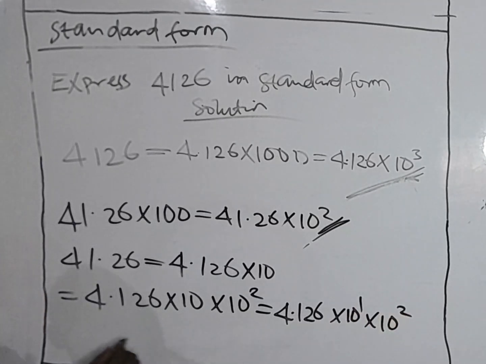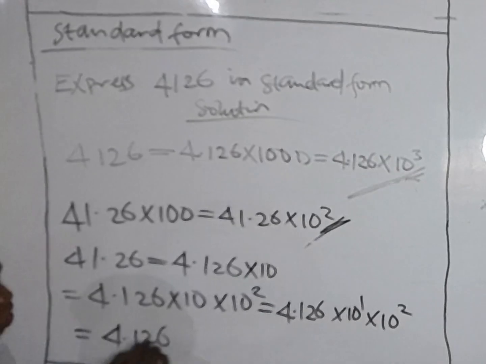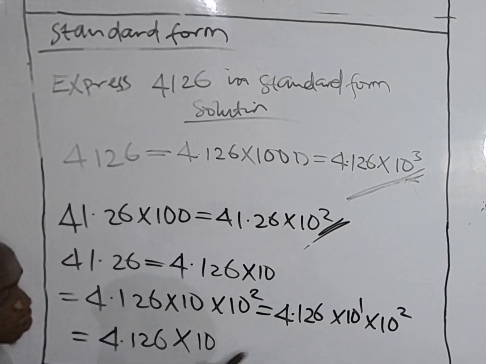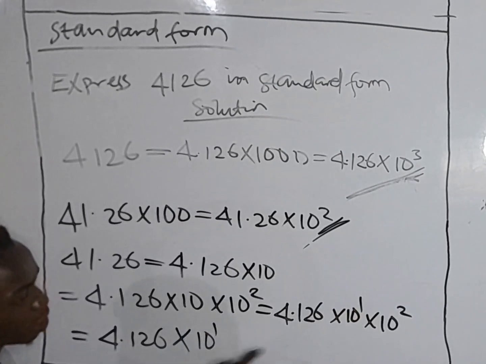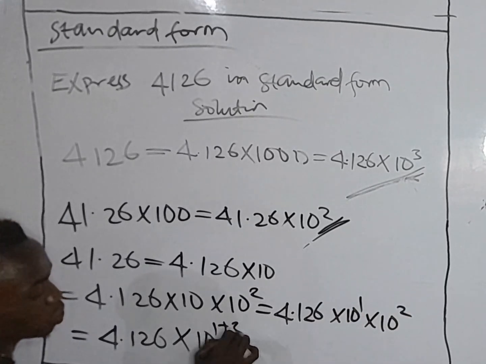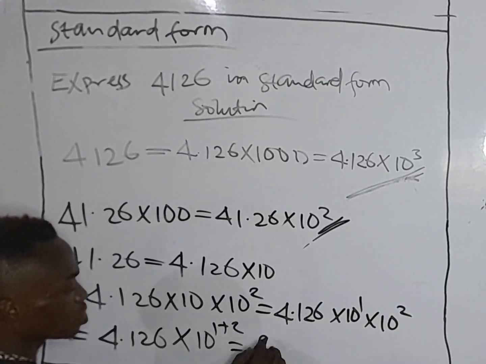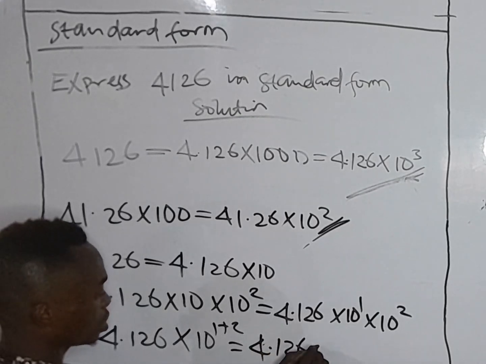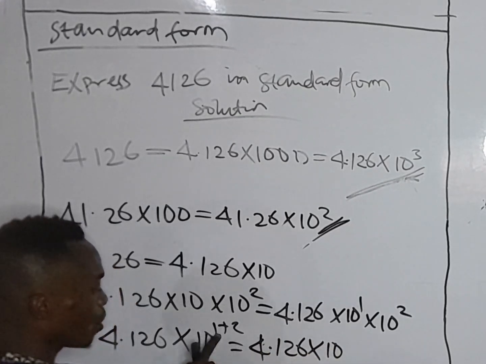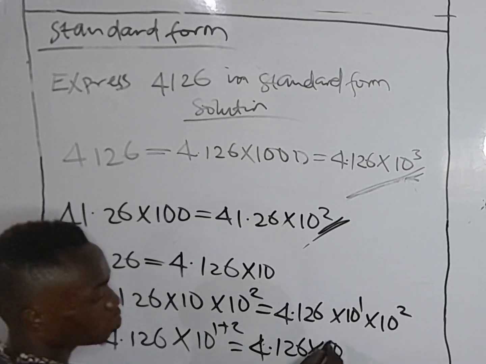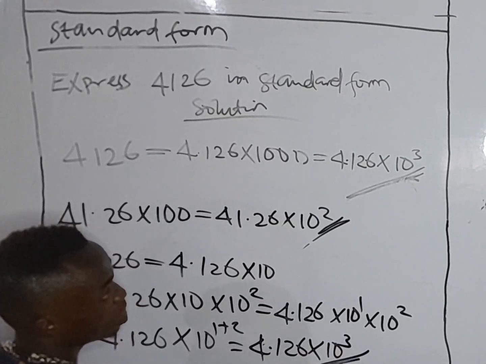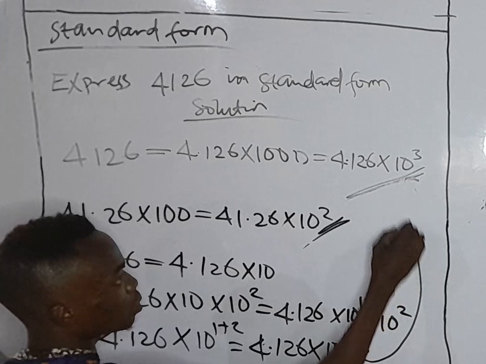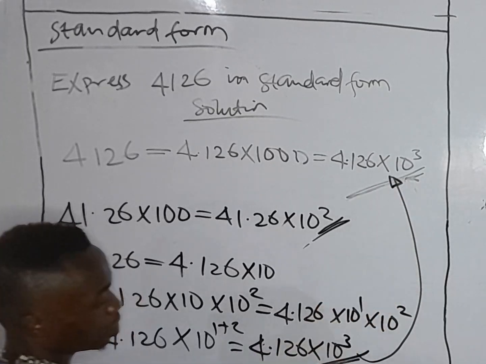So I have 4.126 times 10, I take the 1, write it up here, and add it with 2. Therefore, my answer is 4.126 times 10, and I add 1 plus 2, which is 3. And this is the answer. If you check the two of them, they are the same answer. Thank you very much.